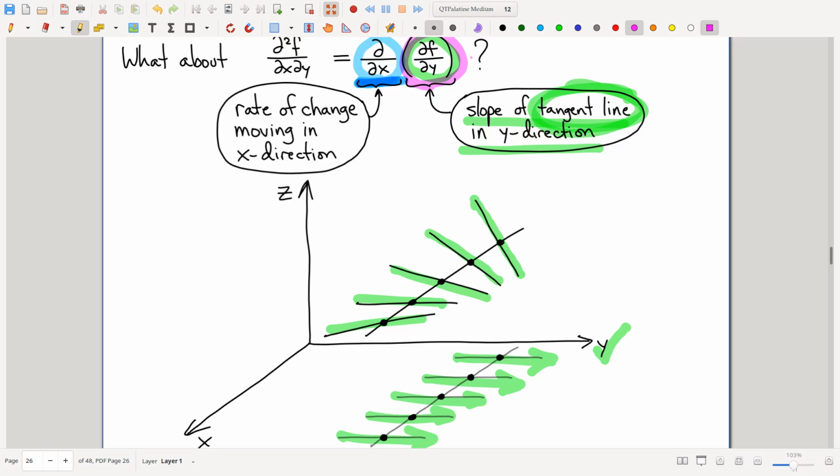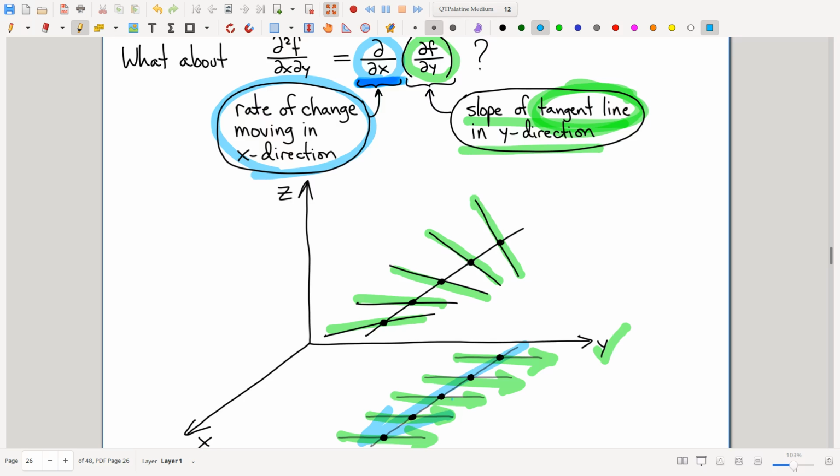So I cannot interpret the x partial in terms of tangent lines, because we're not looking at the right picture for that. What I can do is say, the x partial represents how fast whatever it is that I'm looking at changes as I move in the x direction. As we have in this picture, I just have to do a little hand waving.